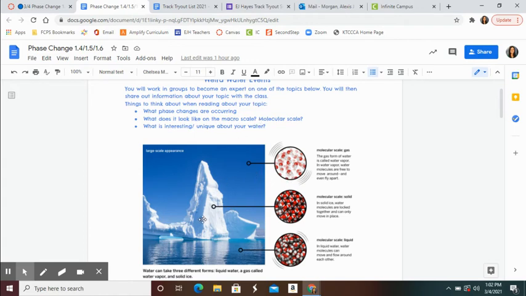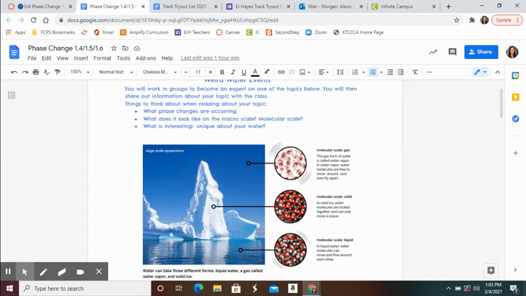And so this would be the macro scale, and then this is the molecular scale, what each of those molecules will look like in that state. So we know in a gas state, the molecules are moving around, they're moving away from each other, and they're moving fast. In a solid, they are close, they are locked together, and only can move in place.